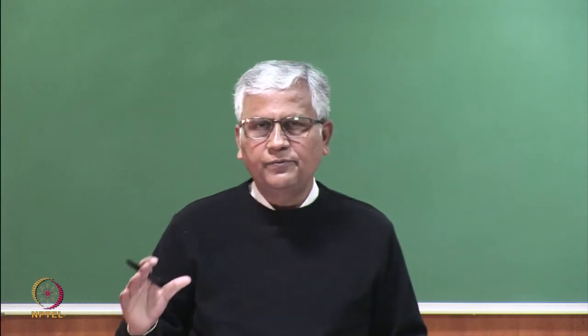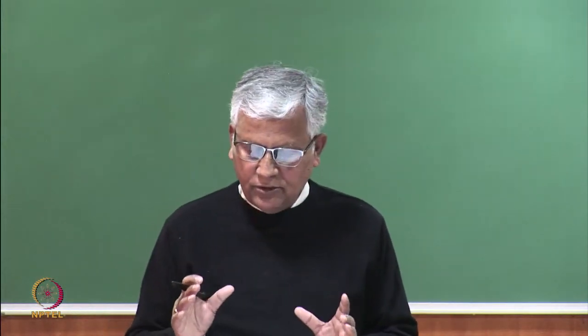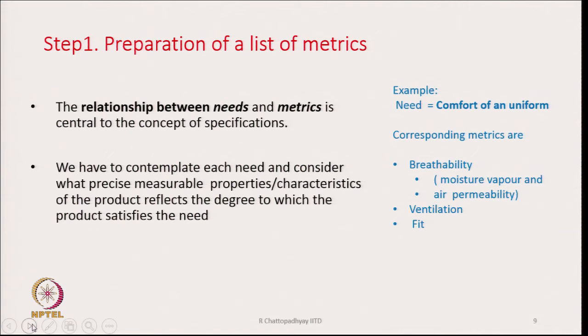So, as you see, the comfort is a function of breathability, which in turn is a function of moisture vapor and air permeability. It is also a function of ventilation, is also a function of fit. So, we can keep adding, it may be a function of the stretchability of the uniform.